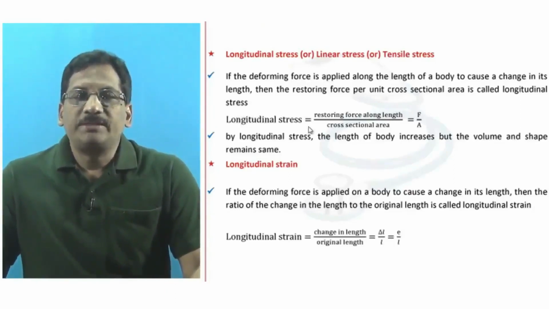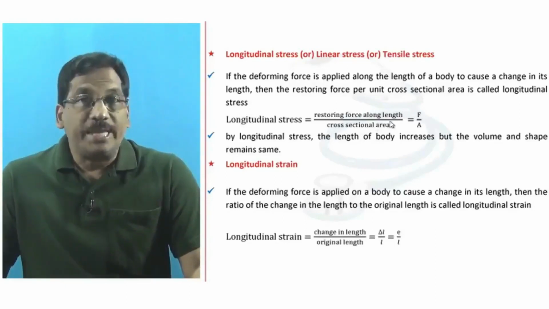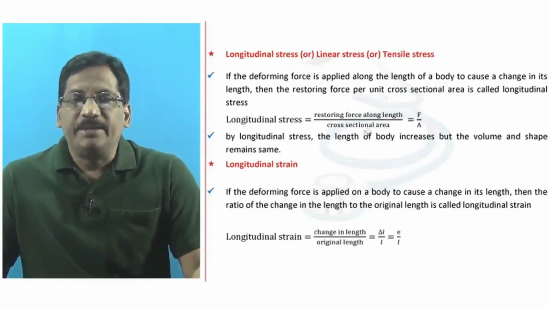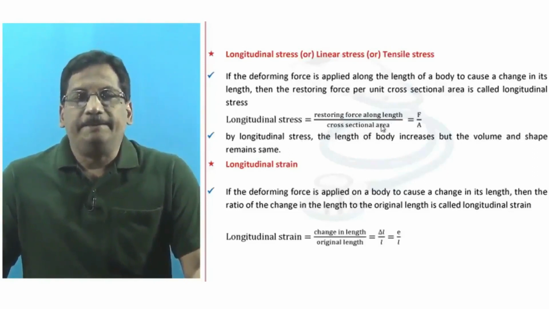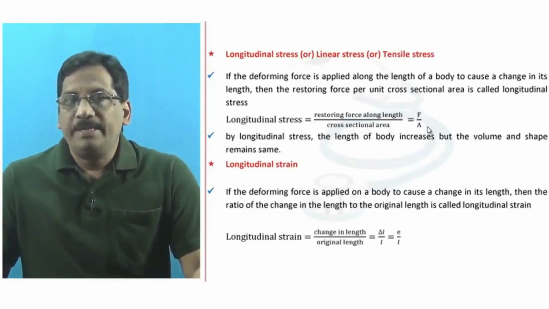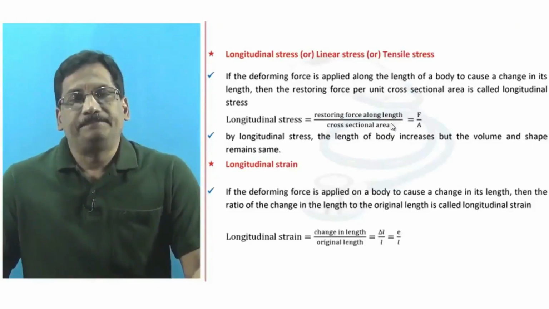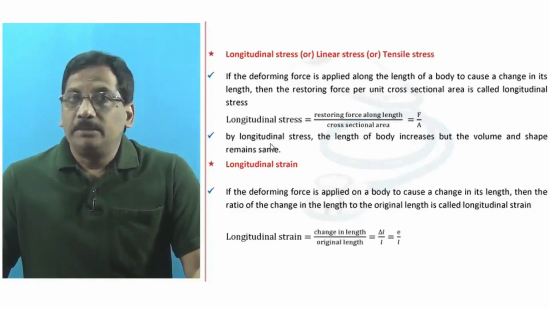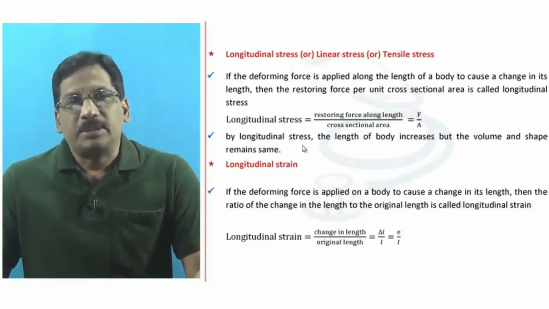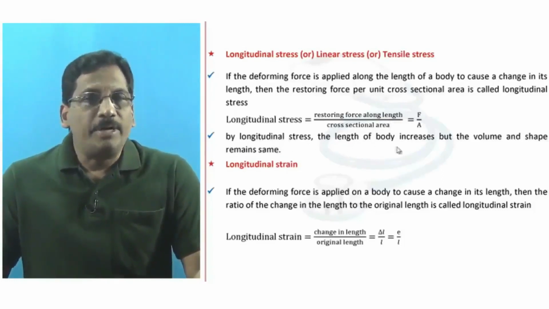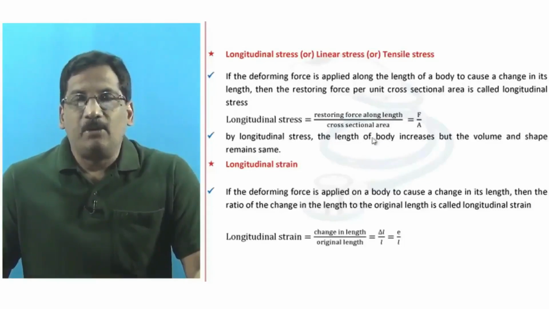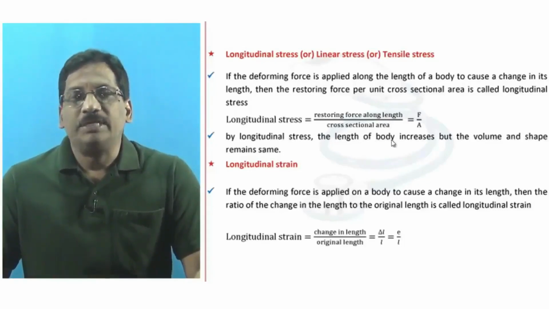So longitudinal stress is restoring force along the length divided by cross-sectional area. Again F by A, but this restoring force that is set is along the length. And by longitudinal stress, the length of body increases when the body is under longitudinal stress.